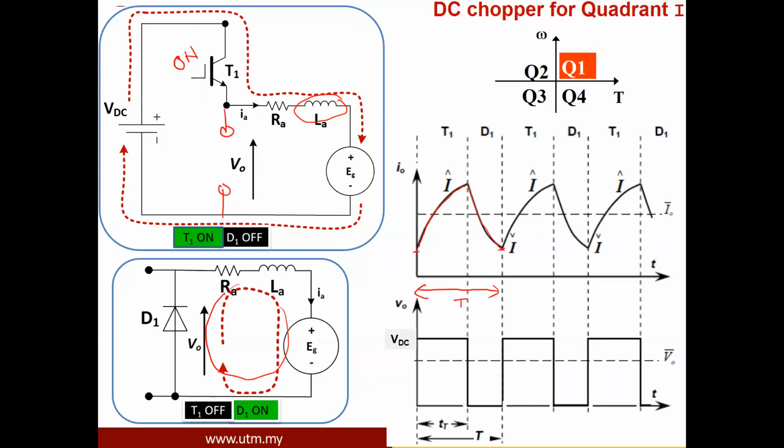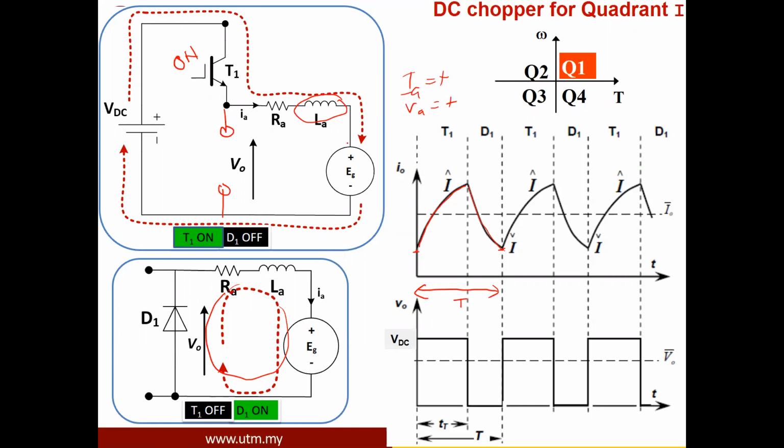We need to make sure that the current of the inductor goes back to its initial value at the end of the cycle. And this is a single quadrant, meaning that the current is positive and the voltage must be positive.